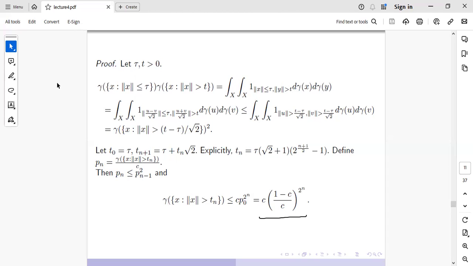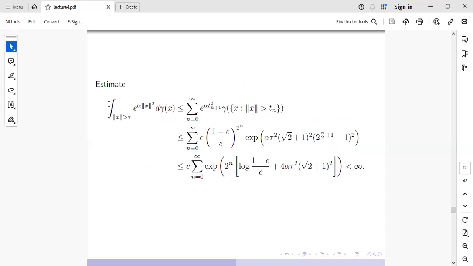Now this allows us to estimate the integral. The integral of exponent over the complement of the ball of radius tau, we can split into the sum of integrals of exponent alpha norm x squared d gamma x. So integrate over x whose norm is bigger than Tn and less than T(n+1).